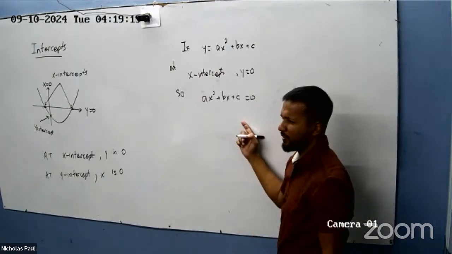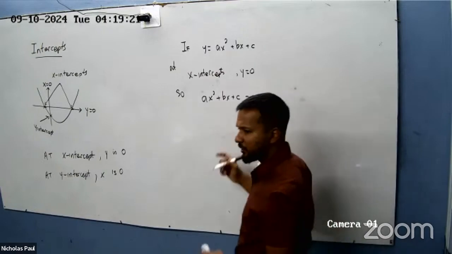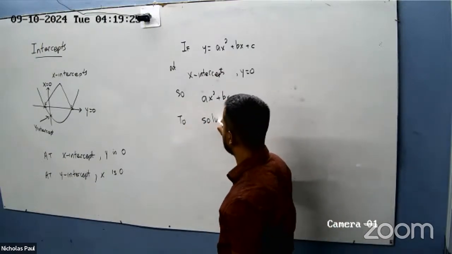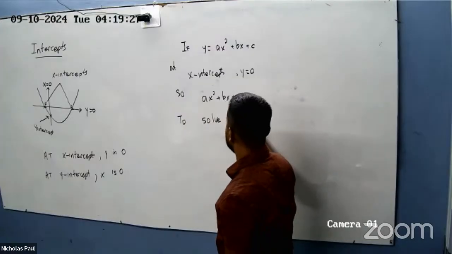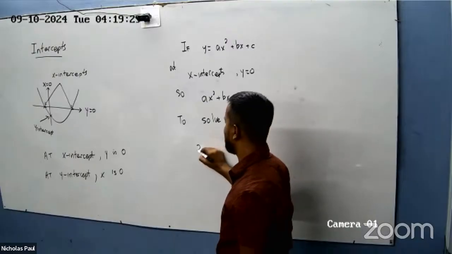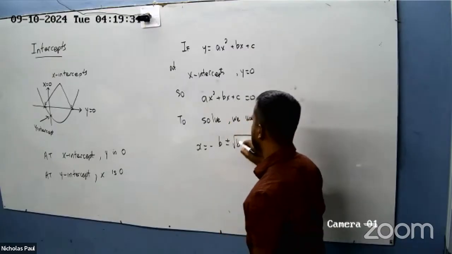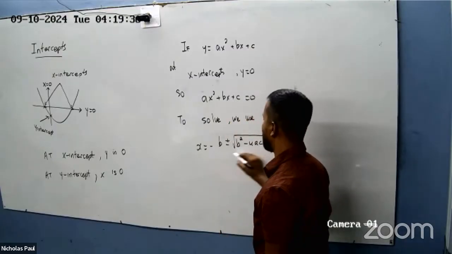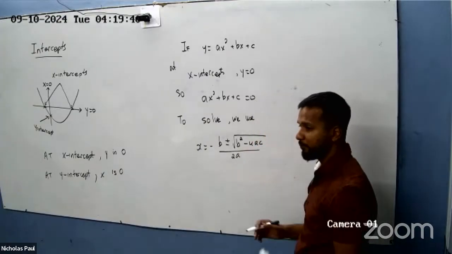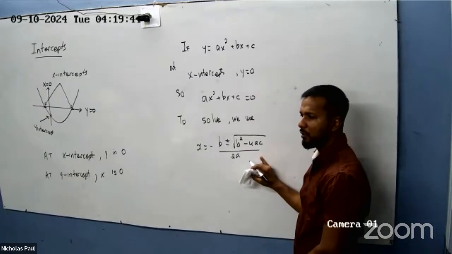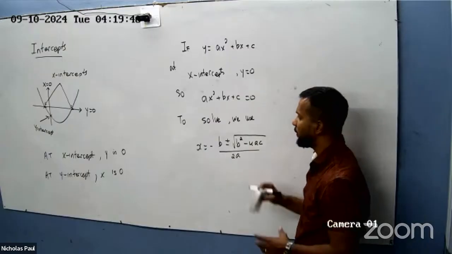I think you'll do that in form 3. Solve a quadratic. So to solve, we use x is equal to minus b plus or minus the square root of b squared minus 4ac, all over 2a.